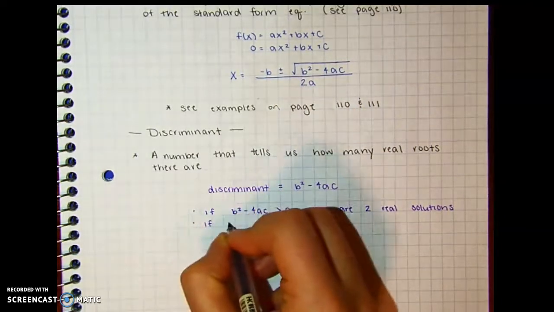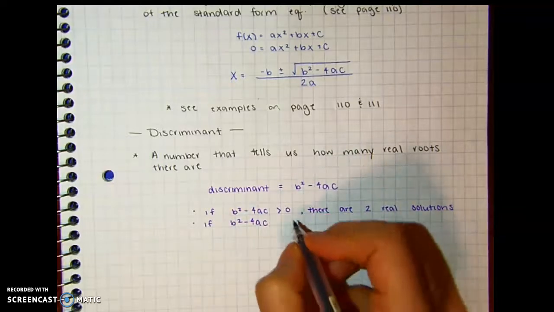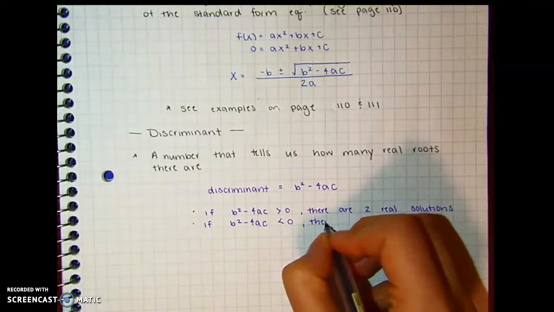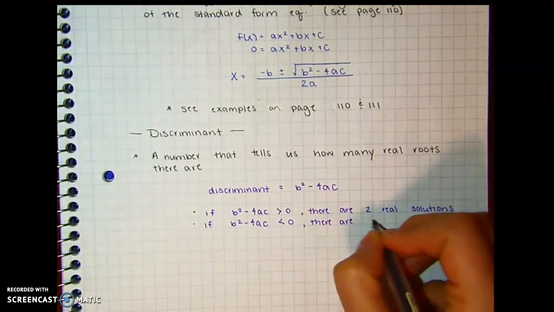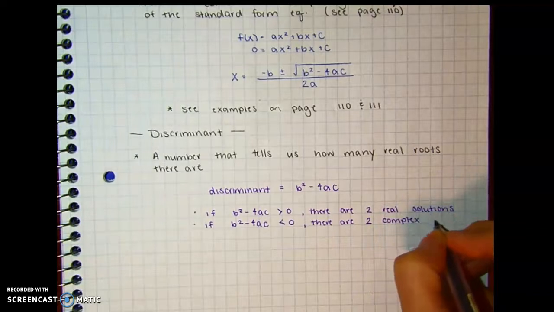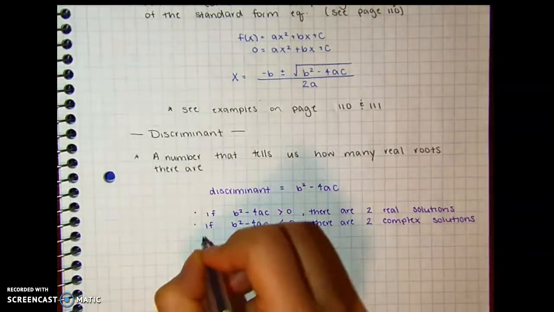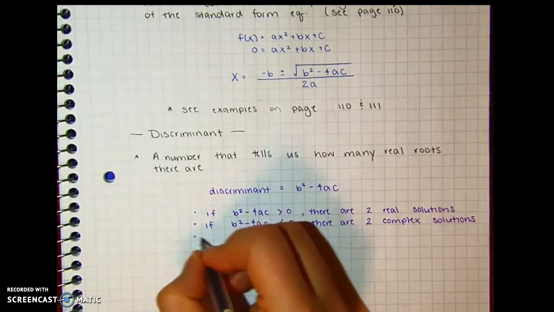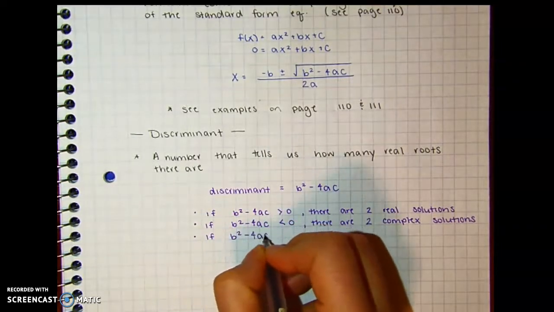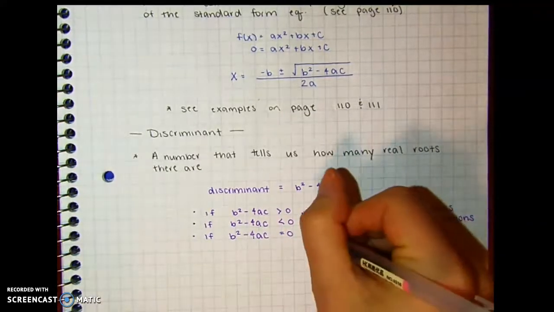If b squared minus 4ac is less than 0, so negative, there are two complex solutions. And finally, if b squared minus 4ac equals 0, there's one real solution.